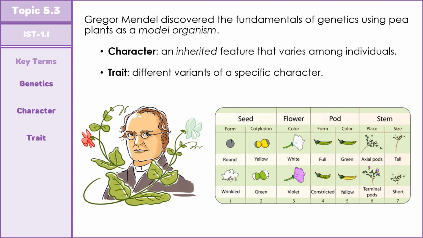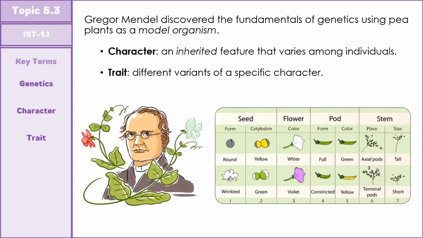Here we're going to use the term traits to describe the different variations in character. So I'm going to use primarily today looking at flower color, which he took note of. You had 2 different traits that were associated with the flower color character, those being purple or violet and white.